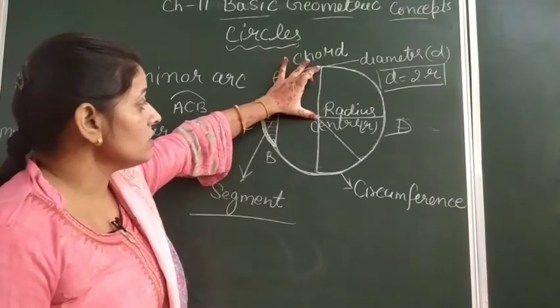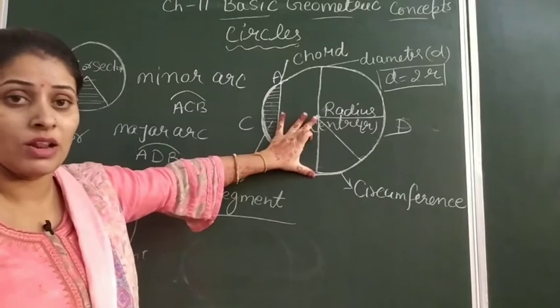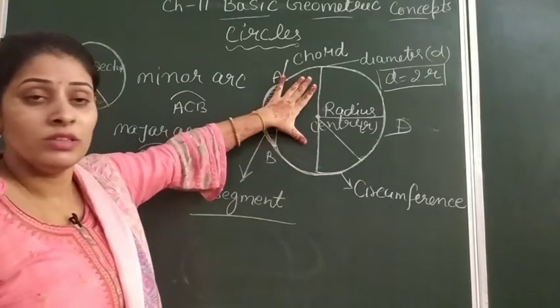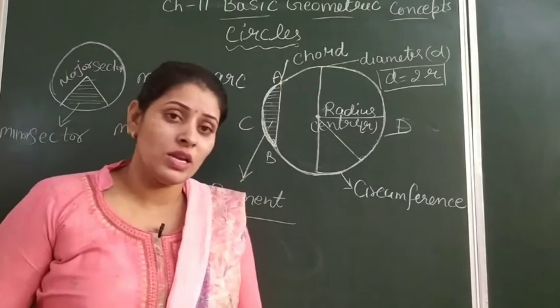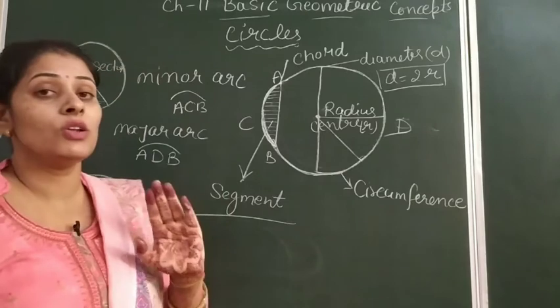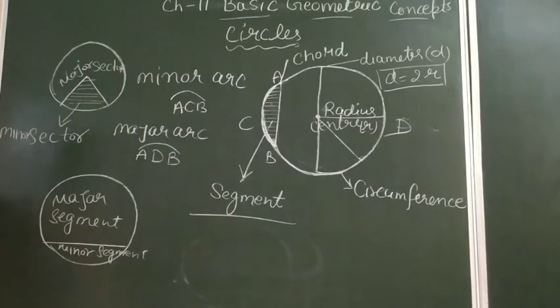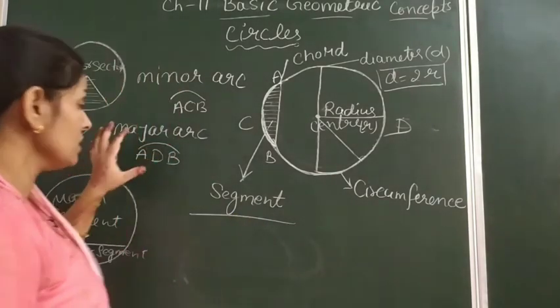This is a radius of the circle and this is also a radius, and joining these two radii gives our diameter. So the diameter is twice the radius and is the longest chord of the circle. This is the basic of your circle.